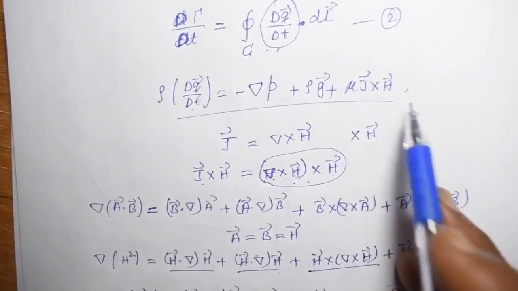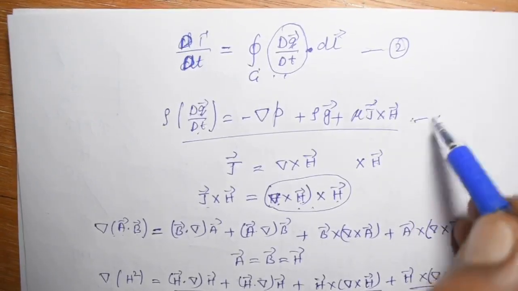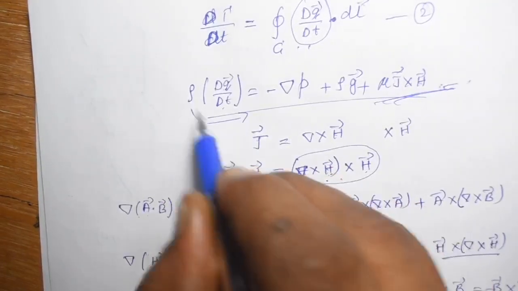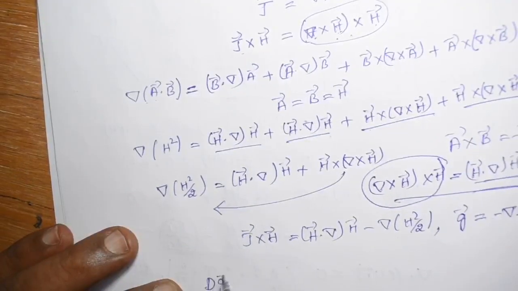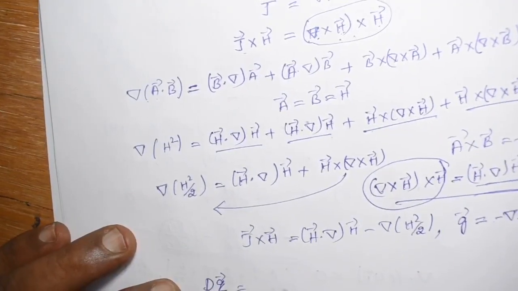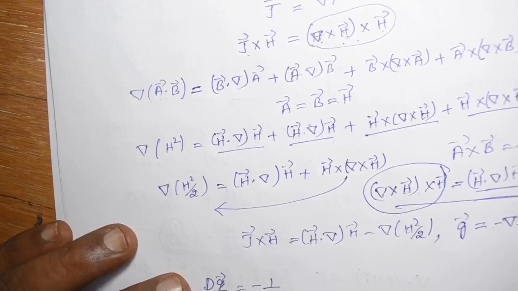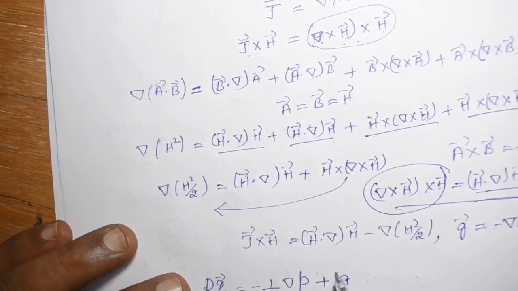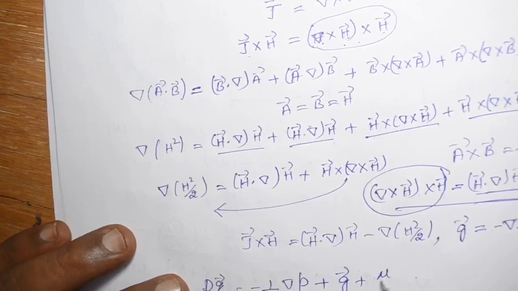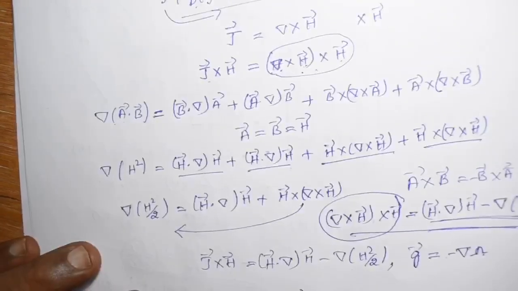Now this momentum equation becomes, I'm going to divide by rho also here, then that equation becomes dq by dt is equal to minus 1 by rho into gradient of P plus G plus mu by rho into J cross H.